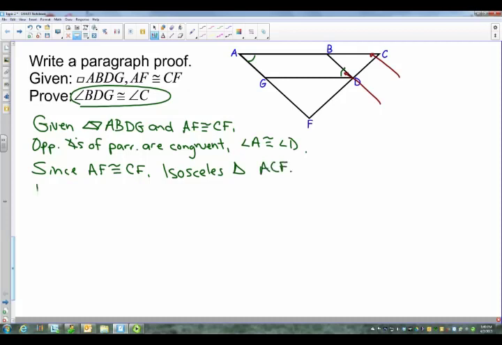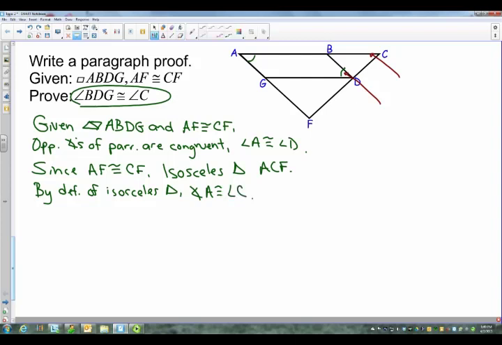Now, based on the definition of an isosceles triangle, since AF is congruent to CF, angle A is congruent to angle, sorry, I did that again, angle C. And that's strictly by definition.